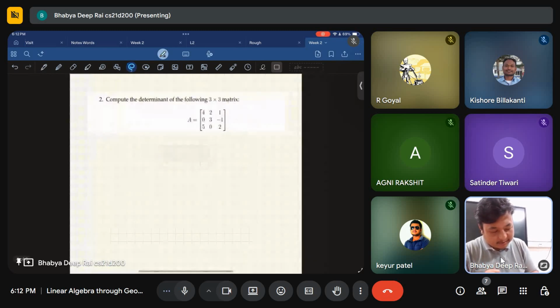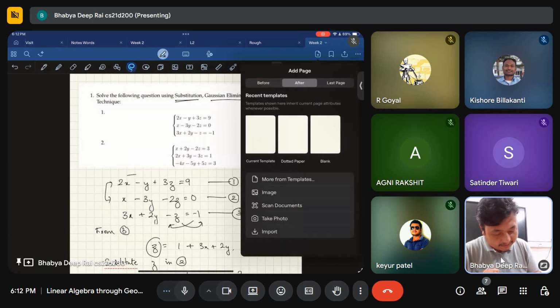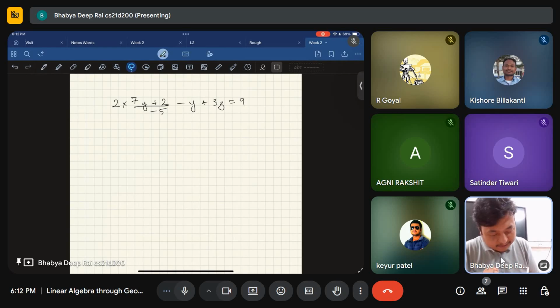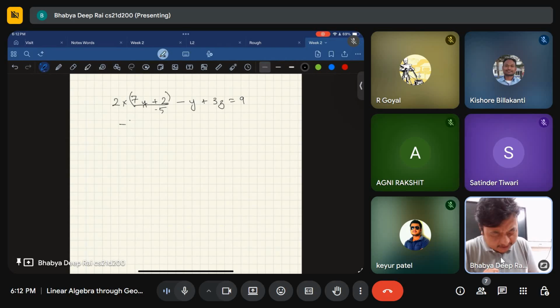So let's continue simplifying this. 14y plus 2, I'll bring the minus sign inside. So minus 14y minus 4 by 5, minus y plus 3z equals 9.